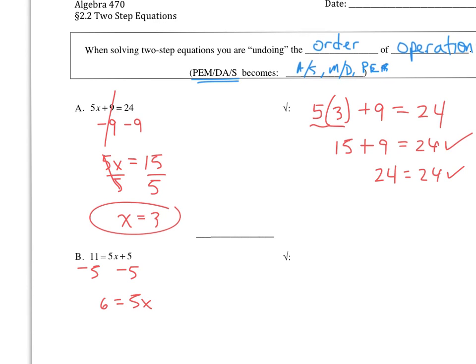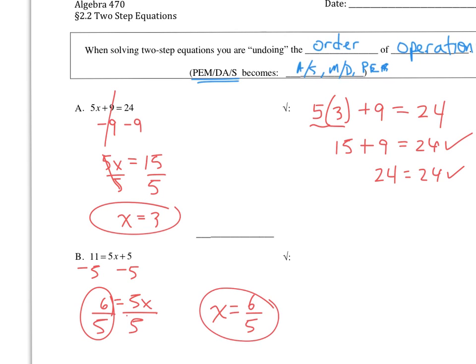This is why I want you to use the idea of the fraction bar for dividing. Some of you are doing divide by 5 and divide by 5. Try not to do that. Instead, do the fraction bar. When we do it this way, divide by 5, our answer is 6/5. We're done. x equals 6/5.